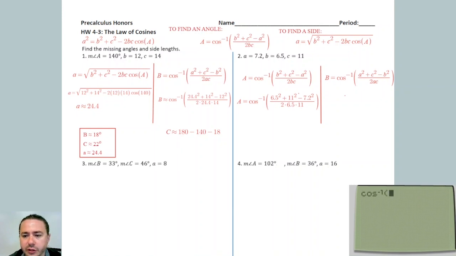Okay, so I got the inverse cosine of, set up a big fraction here, 6.5 squared plus 11 squared minus 7.2 squared divided by 2 times 6.5 times 11. 2 times 6.5 times 11.